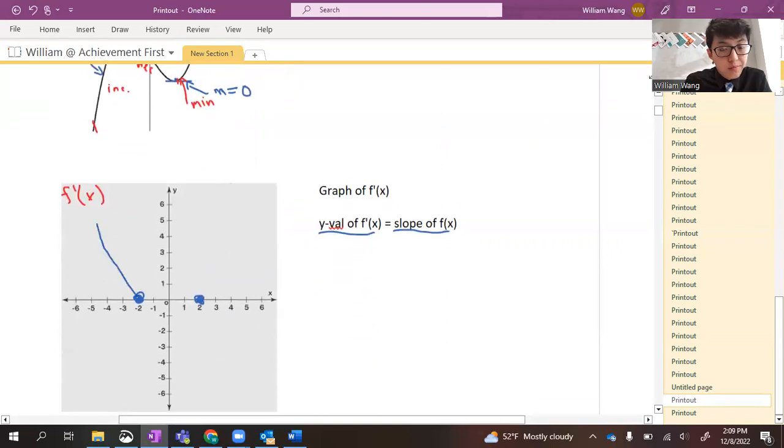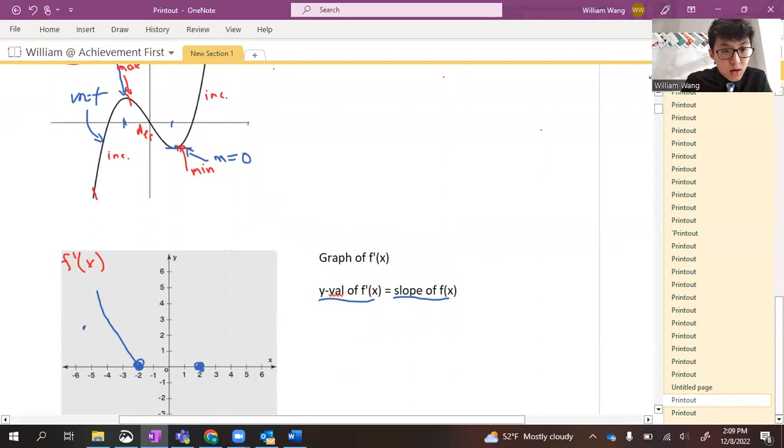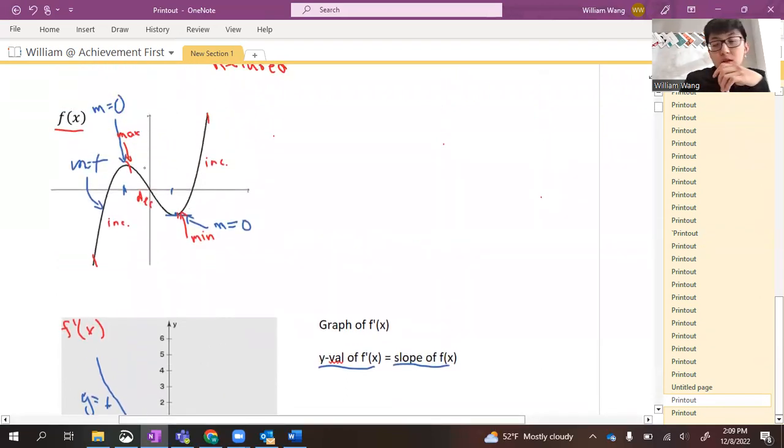All right, so I'm going to label this as y is positive. Actually, at these 2 points, I should have labeled y is 0. Y is 0. Cool.